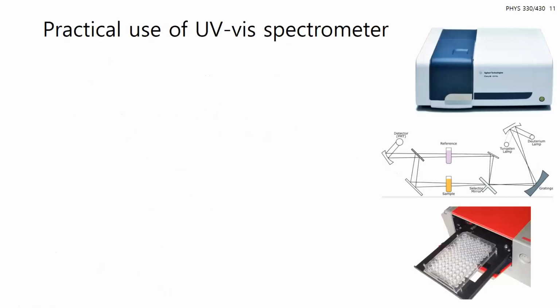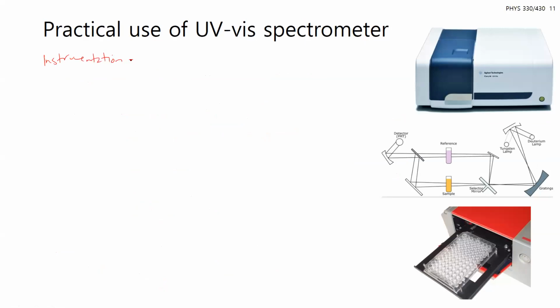I do want to talk a little bit about the practical use of the UV-vis spectrometer. I know that this isn't a lab course, but I'd like you to understand what you might see if you do go in the lab, how you might use this instrument, and what you should consider. One thing is the instrumentation.